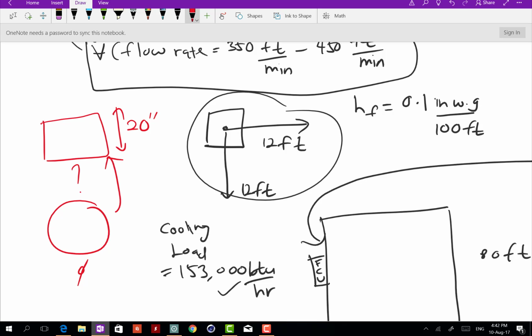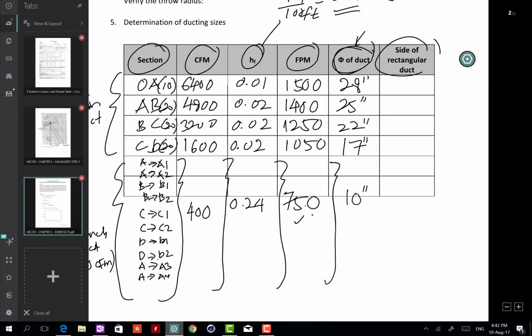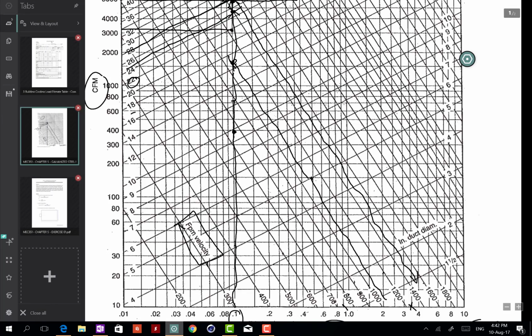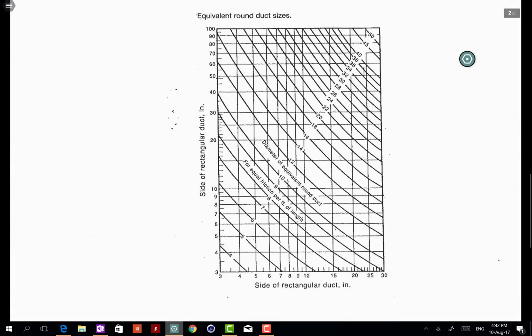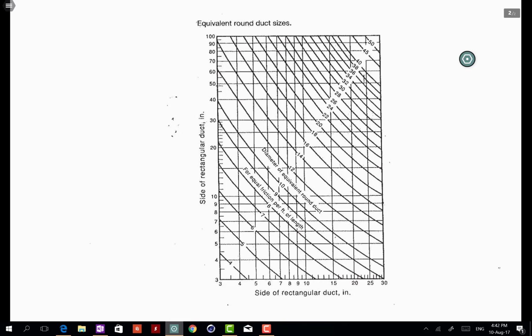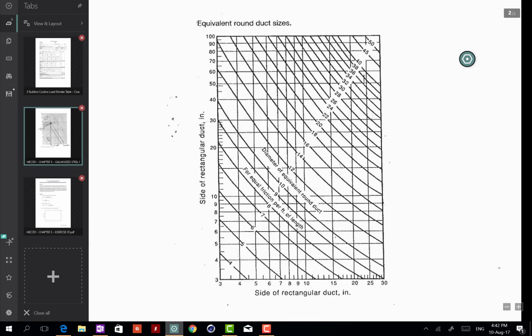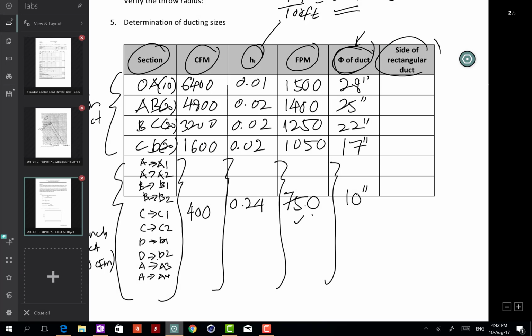In order to do that, we need another chart. So this is the chart of equivalent round ducting size. For example, for the first section just now we have 28 inch.